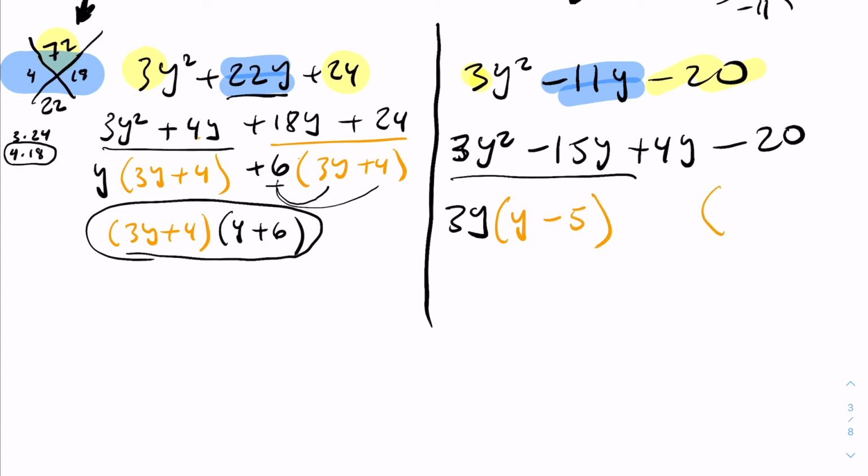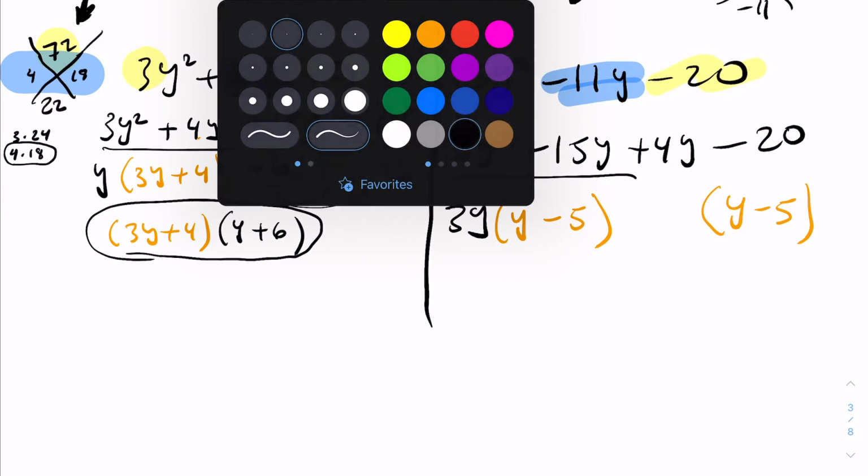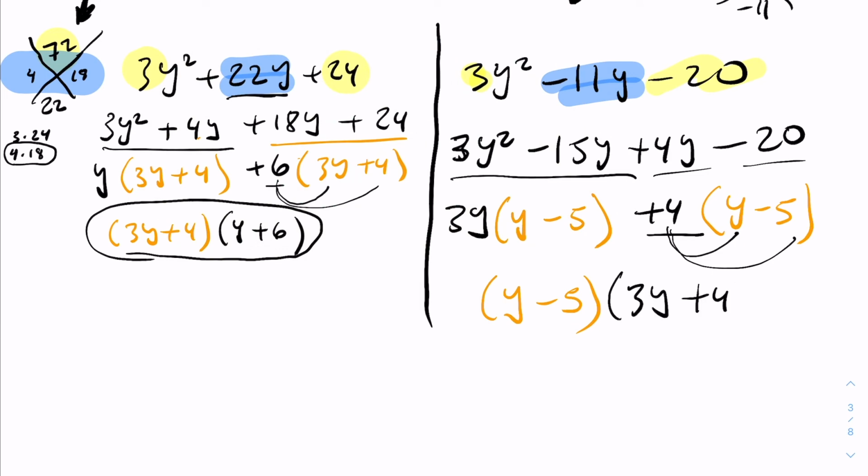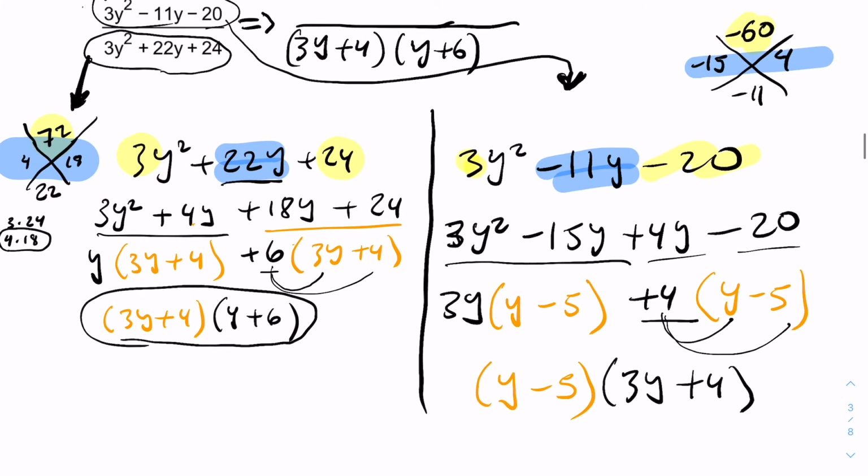So we're going to have to create another y minus 5 in order for this grouping to actually work. And I believe if I factor out a 4, 4 times y is 4y, and 4 times negative 5 is negative 20. So that worked perfectly. So we factor out this orange y minus 5, and we're left with the black 3y plus 4.